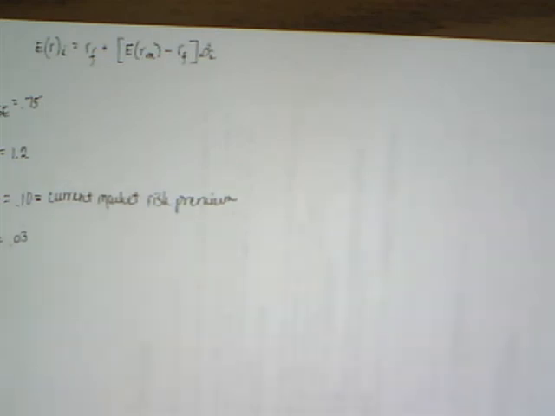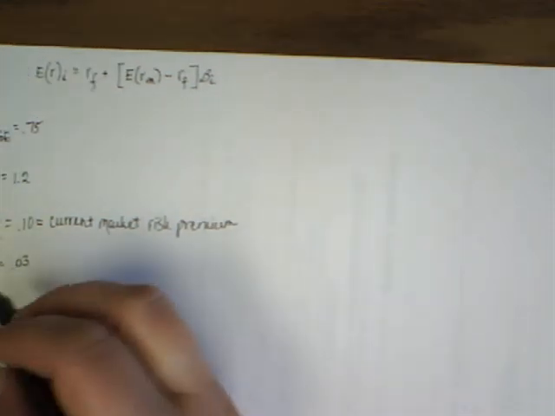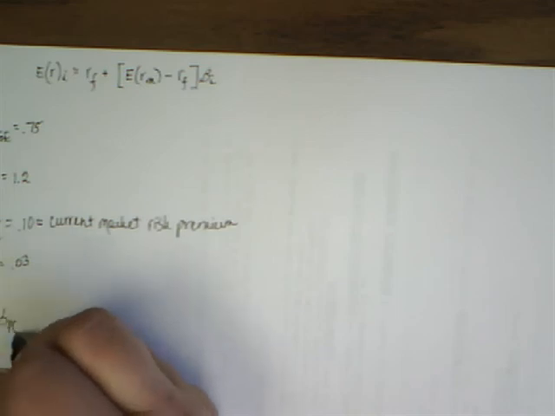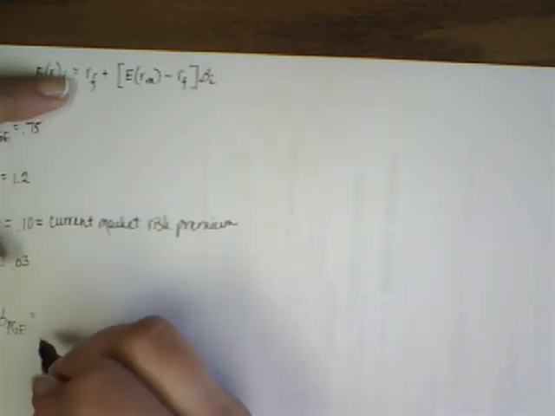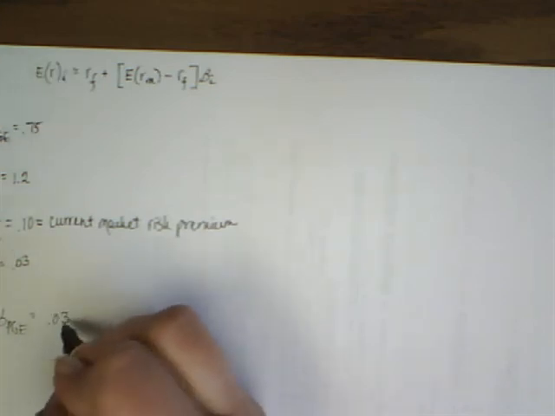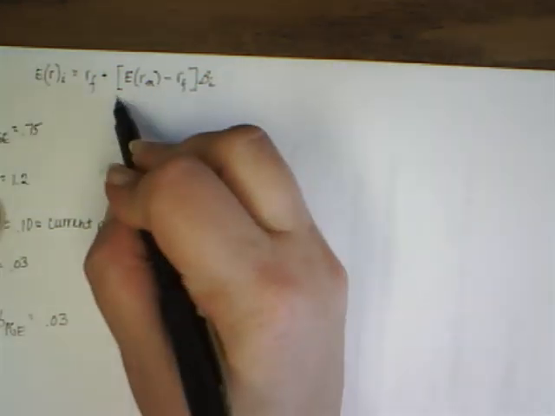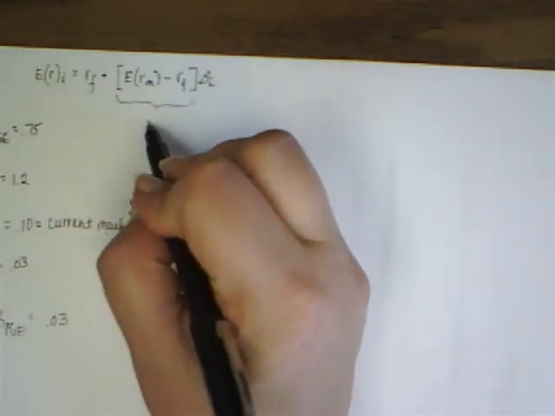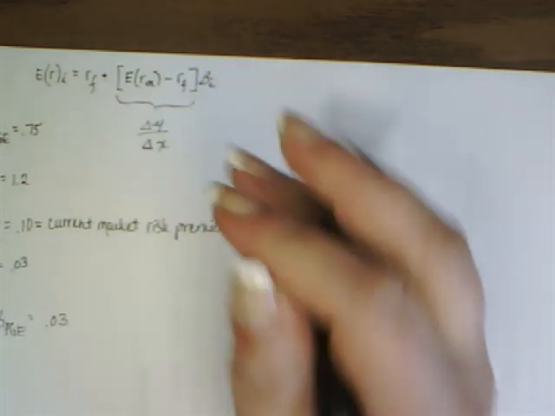Okay, the first step is to write out the SML equation, the security market line equation form, with the information that we know. Okay, so we have the formula right here. So let's do this first for Portland General Electric. Okay, so we're looking for the risk-free rate, which is 0.03. That was given in the problem. Okay, we know that this part of the equation right here is the slope. Okay, so we really don't have to calculate this.